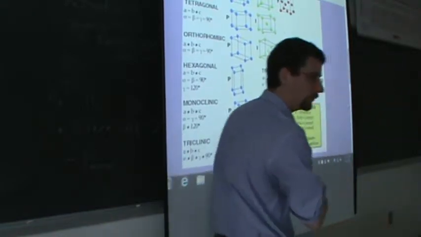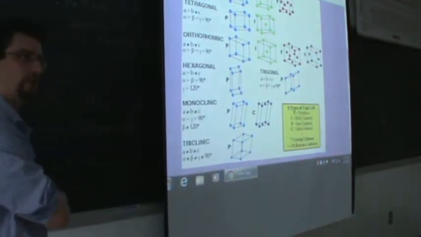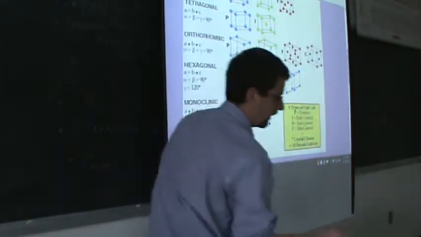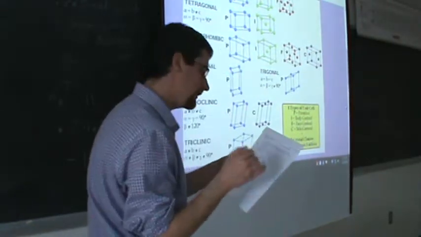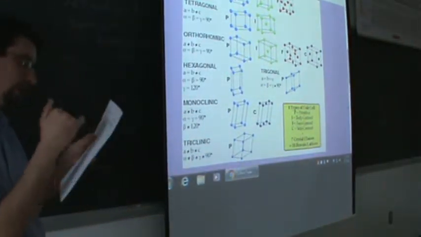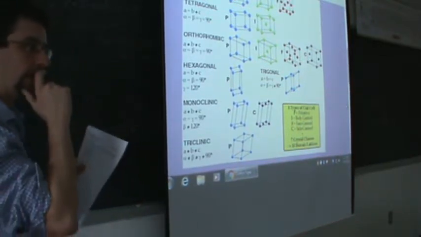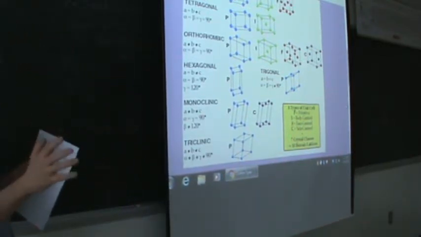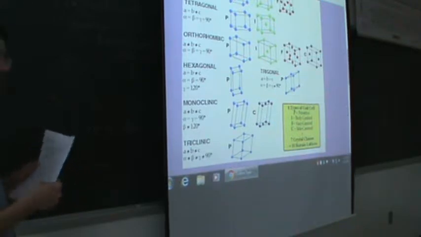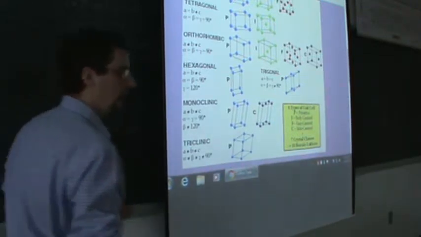So I just want you to go through, look at them, and determine which ones we have. You're looking for a face-centered cubic, a hexagonal, a body-centered tetragonal, a triclinic, and a monoclinic. Does everybody have the book or no? Okay, if you don't have the book, you can always come borrow it from me.